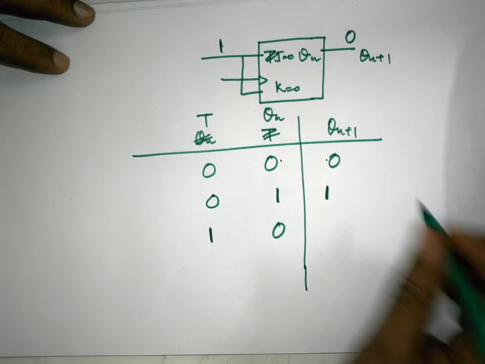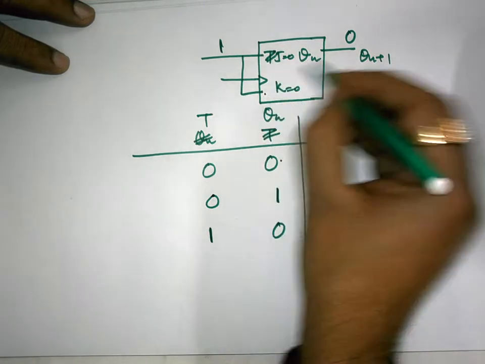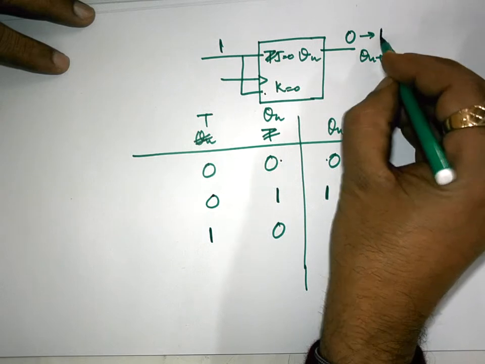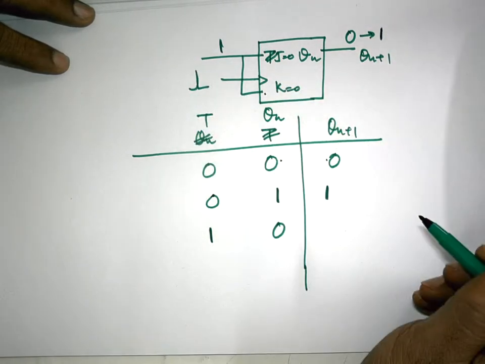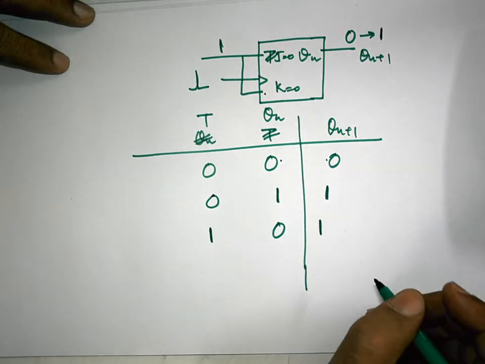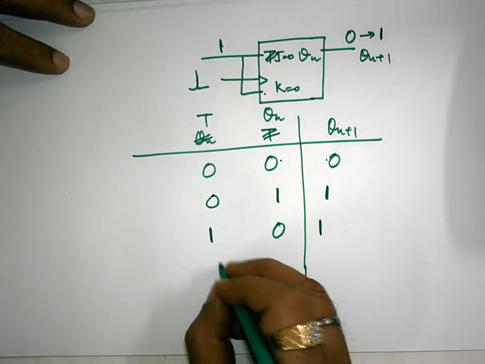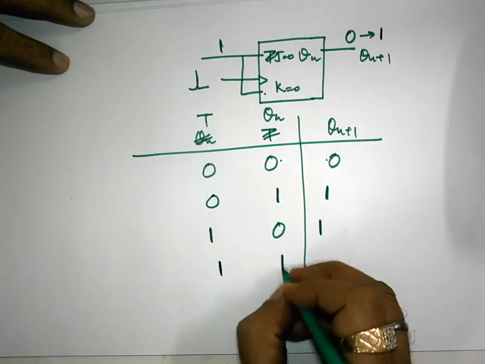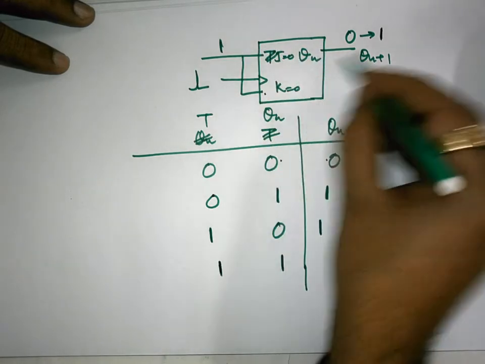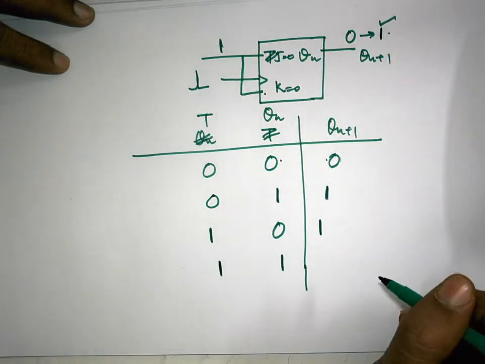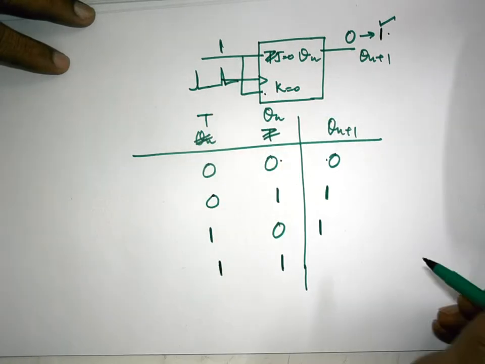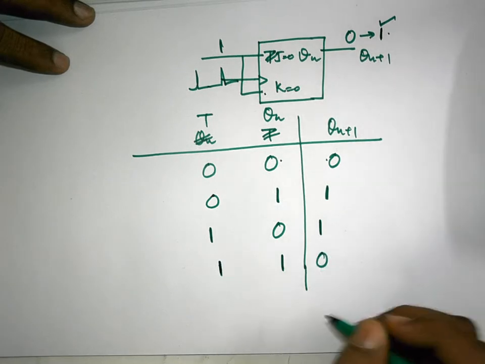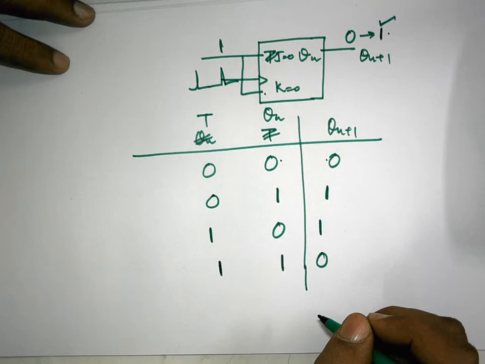If 1 is applied, the output will change its state on the occurrence of this spike. So this will become 1. Now suppose 1 has been applied and 1 was there at the output. What will happen? On the occurrence of the positive edge, it will toggle, means 1 will become 0.